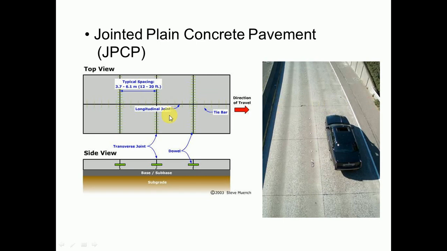The same are represented diagrammatically here. This is the longitudinal joint and these are the transverse joints. Depending on the position of the joint, the transverse joints may be expansion joint, contraction joint, construction joint, or warping joint.